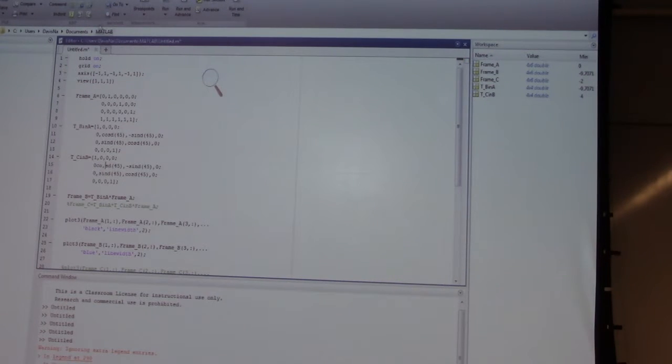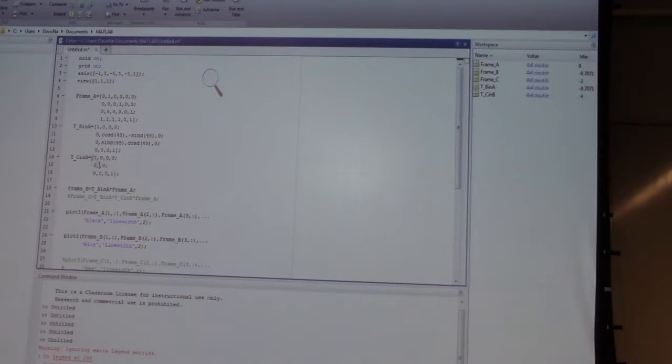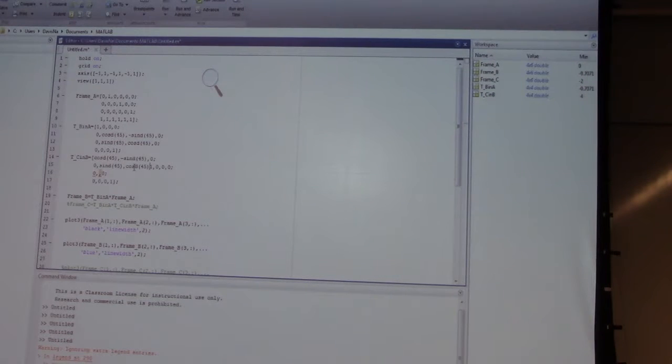Oh, fudge. Let's see how I mess this up. 0, 1, and 3 elements there.